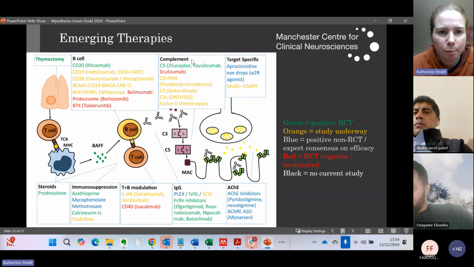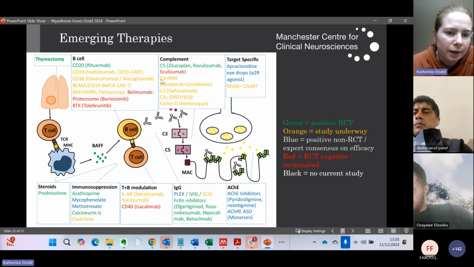And the other category is complement inhibitors, and particularly C5 inhibitors: zilucoplan, ravulizumab, eculizumab. All three of these are being used in the States. We do not have the second two, but zilucoplan is being assessed by NICE at the moment, and there are several other complement inhibitor therapies under study.